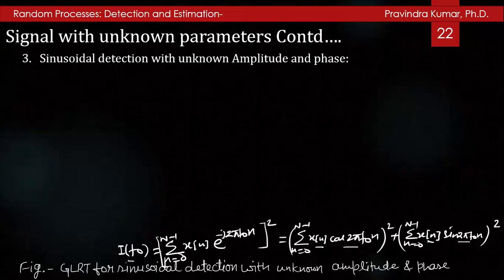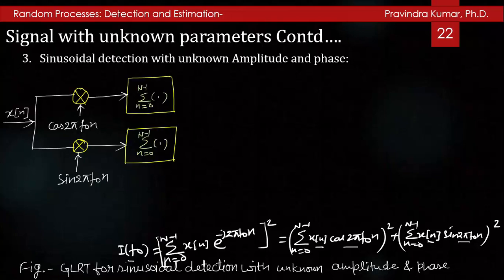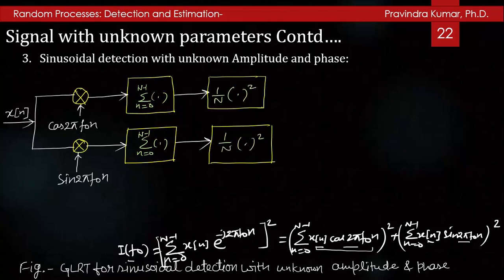So from this equation the block diagram will be: first we take x[n] and combine it with cos 2πf0n and sin 2πf0n separately. Then we take the summation n=0 to N-1 of these combined terms and then the whole square of each total, and add the two.